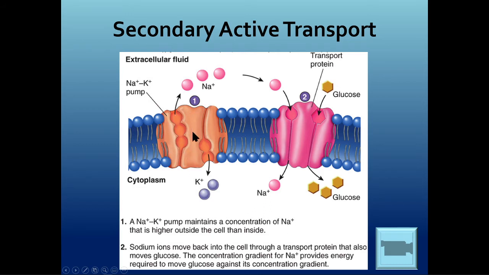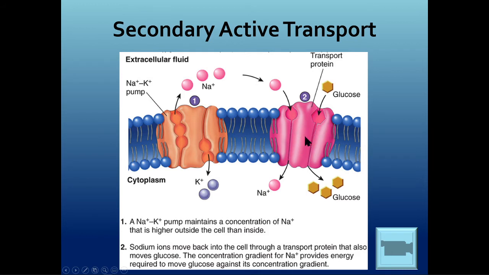So here's our sodium pump, and that was a normal primary active transport pump. It's making a whole bunch of sodium out here, but this glucose now is dependent on this first pump. So it's a secondary active transport.